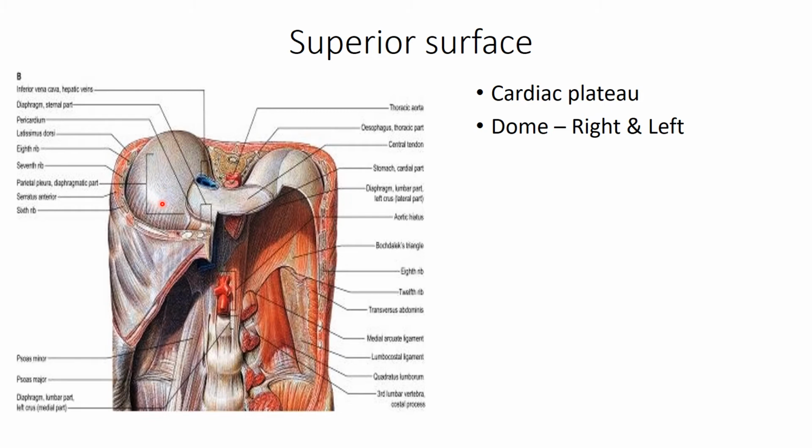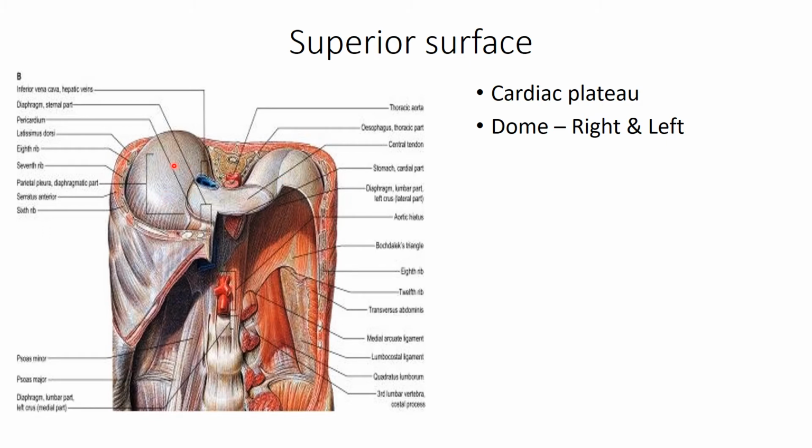Now these bilateral portions in the anteroposterior view, we can see they are lying above this central flatter portion. So these are known as the right cupola or dome of the diaphragm and the left cupola or dome of the diaphragm.